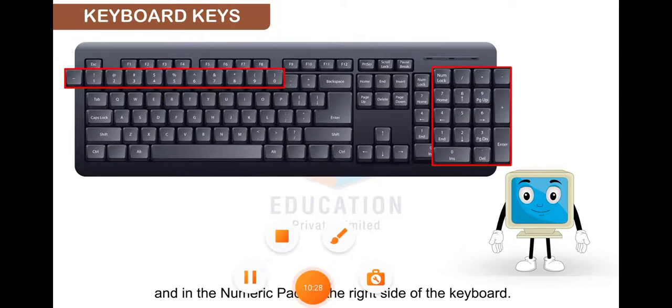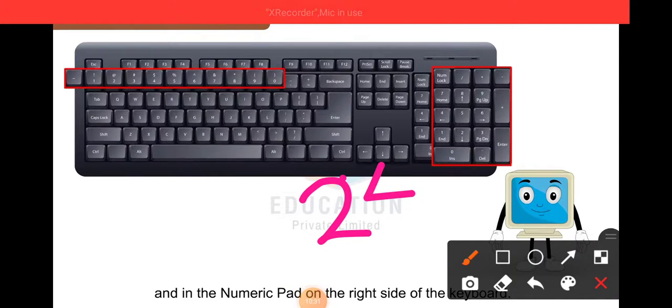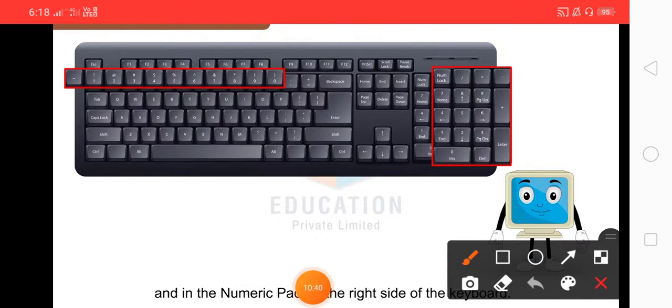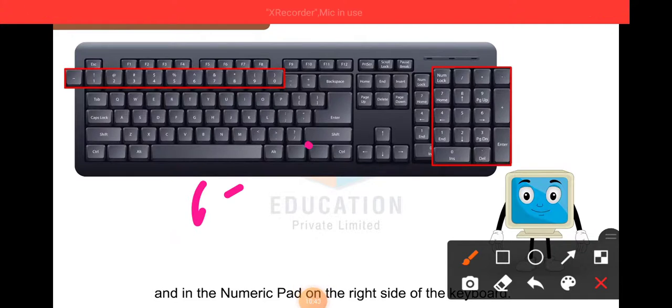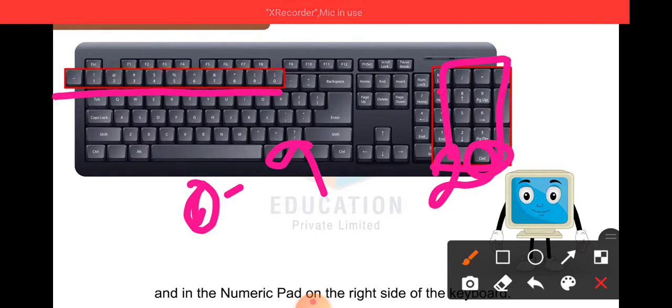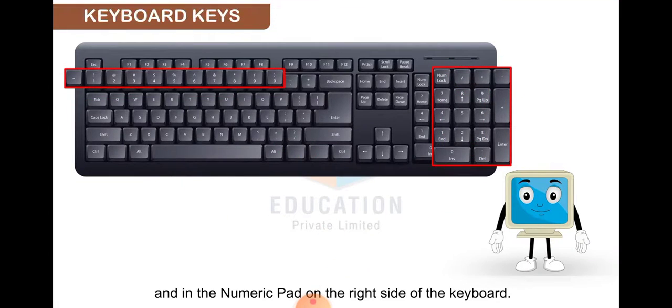These are 26 in number, from A to Z. Then after that we see the number keys, that is 0 to 9, and these are 20 in number. Let's count. These are 10 and these are 10, so there are 20 number keys on the keyboard.